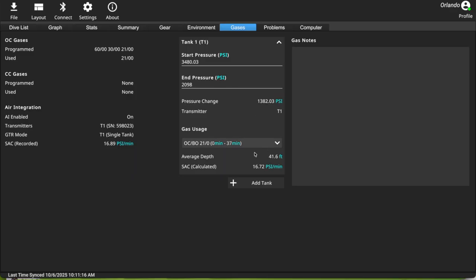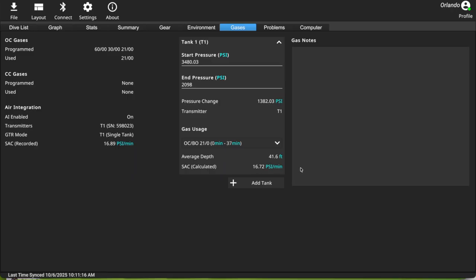That dive lasted 37 minutes. So over 37 minutes, my pressure decreased by 1,382 psi. Adjusting for depth, this is a very simple calculation.